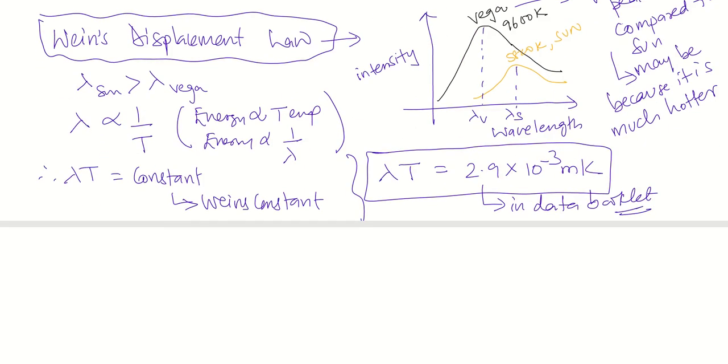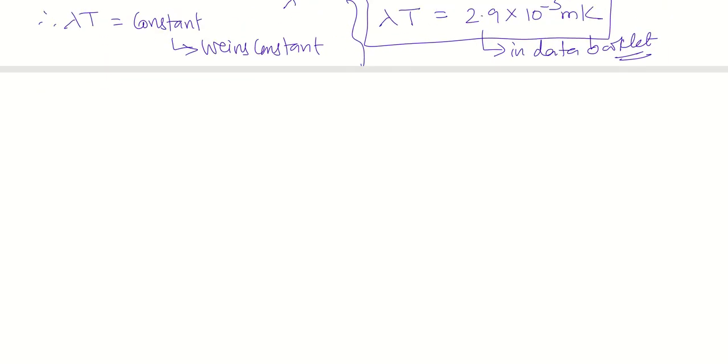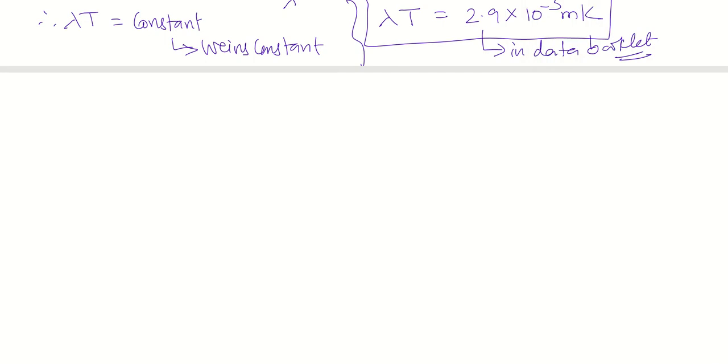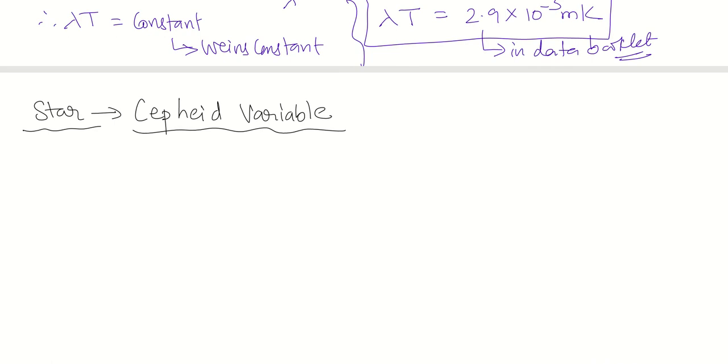Now let's proceed ahead. The next topic we have is something interesting, and this is called a special sort of star, the Cepheid variable. Cepheid technically means fluctuating.